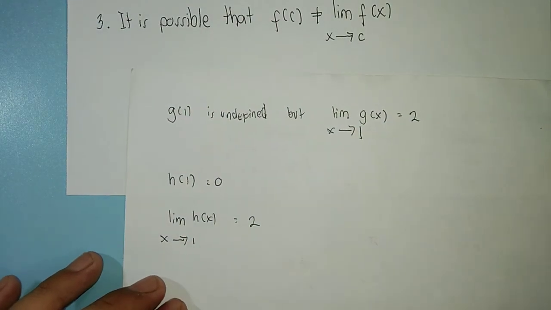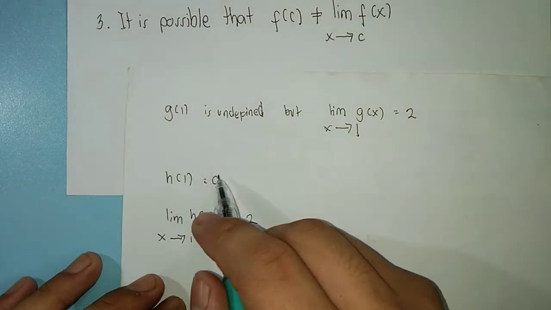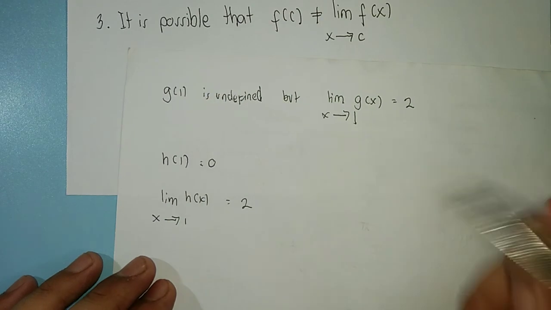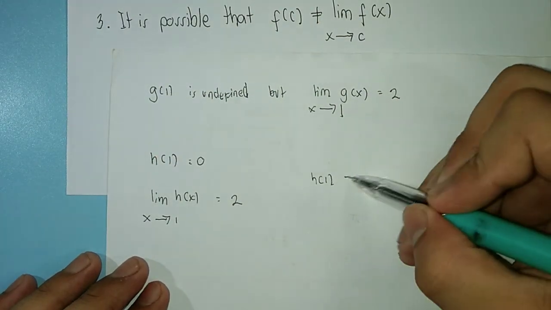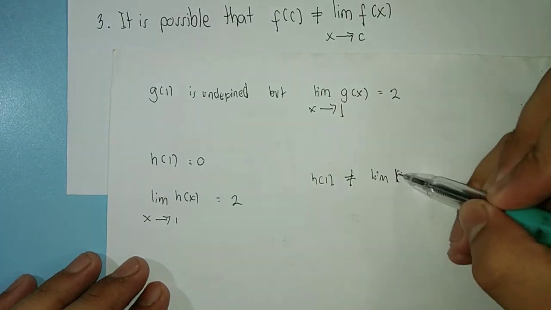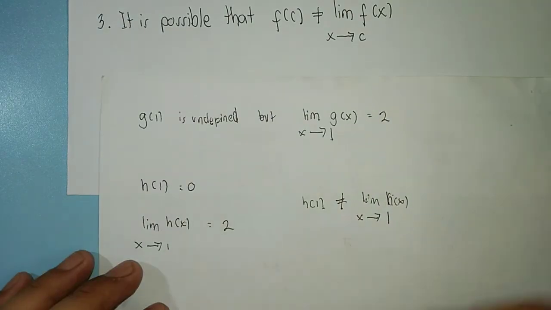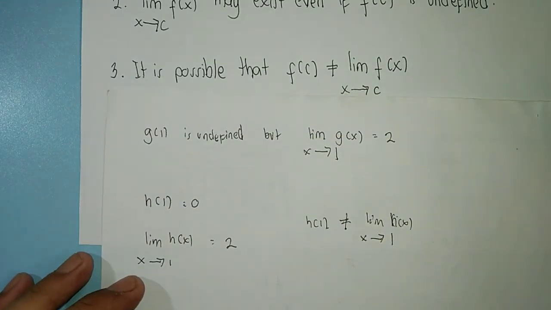Meaning, as x approaches 1, yung values ng h of x kanina nag-a-approach sa 2, not 0. Okay? And as you can see, h of 1 is not the same or not equal sa limit of h of x as x approaches 1. Okay? So, yun lang naman yung mga sinasabi ng remark natin.